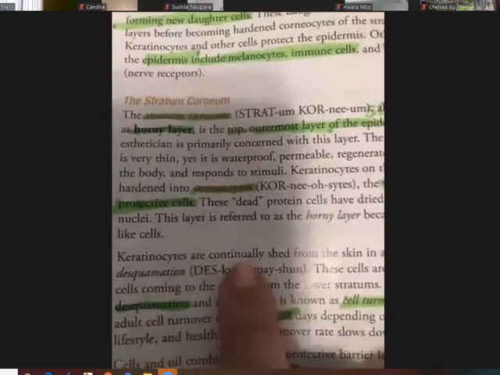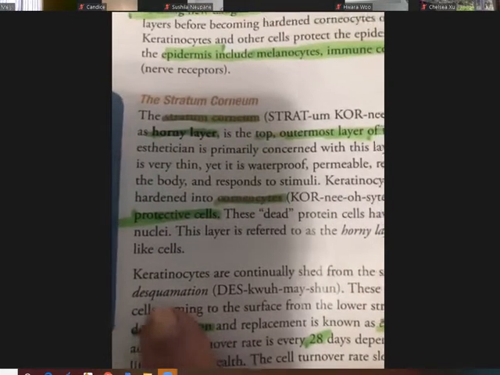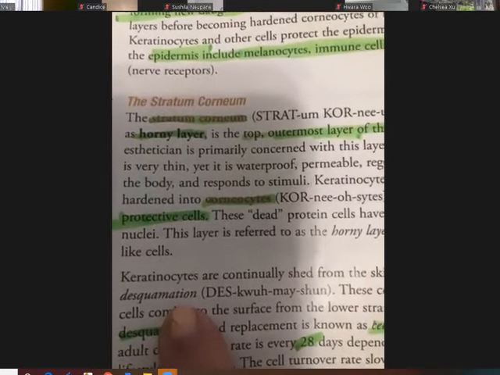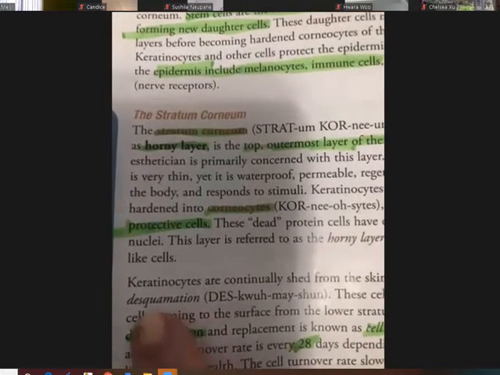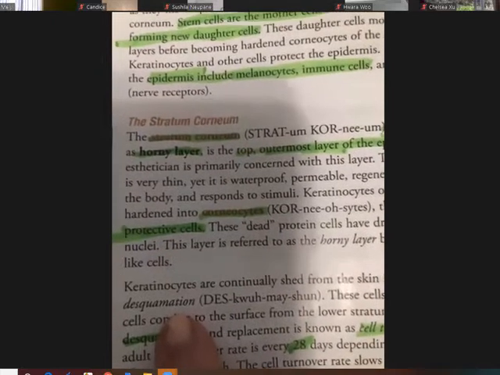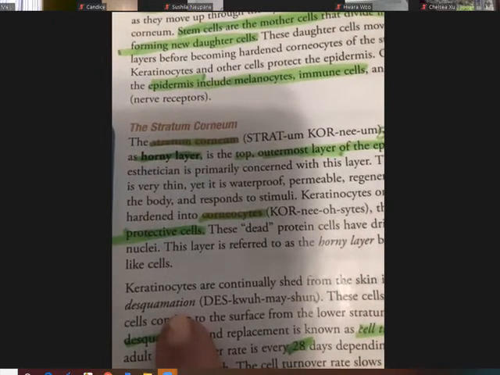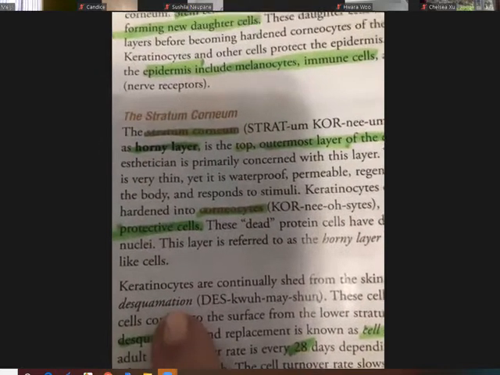Now, keratinocytes continue to shed from the skin in a process called desquamation. 脱死皮叫做 desquamation. So when dead skin falls off from your top layer of skin, it's called desquamation.